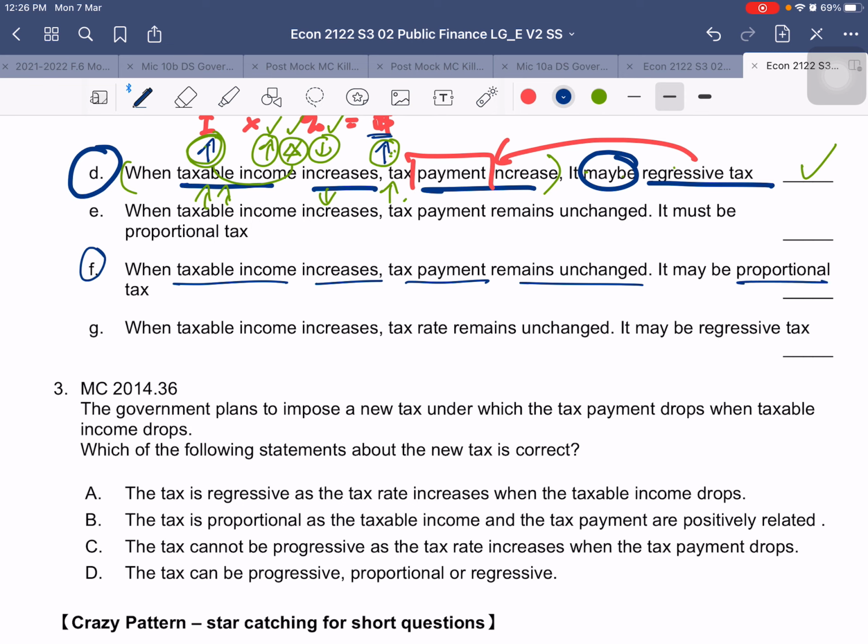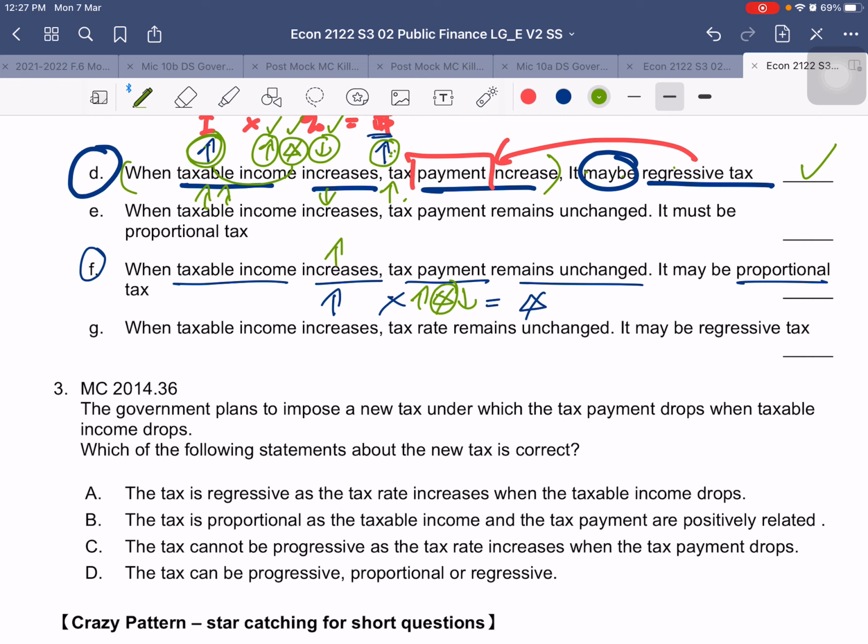Okay, let's see. Use the same formula. Taxable income increases, tax payment remains unchanged. Let's find out whether increase, unchanged, and decrease are possible. It said proportional tax. Let's check. We start with proportional tax first. Tax rate remains unchanged.